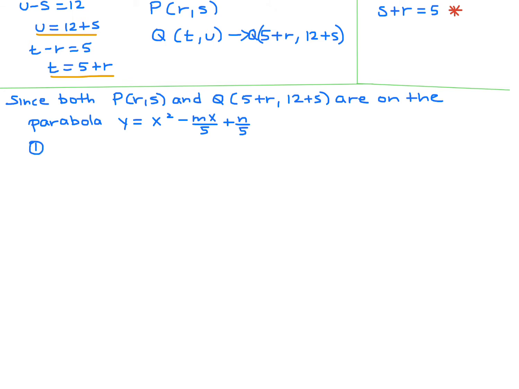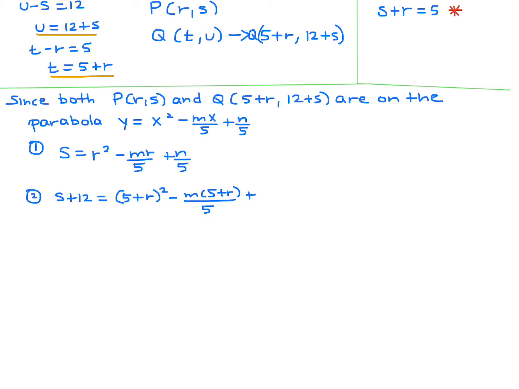We get the first equation, which would be substituting this point, and that would basically give me S is equal to R squared minus MR over 5 plus N over 5. And then substituting that one, we get a little bit more algebra there. We get S plus 12 is equal to 5 plus R squared minus M times 5 plus R all over 5 plus N over 5.